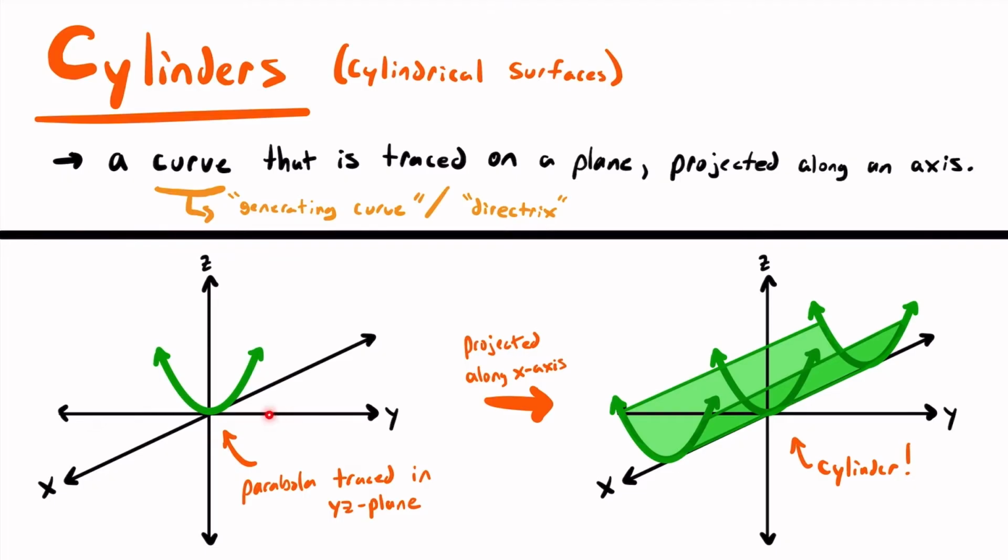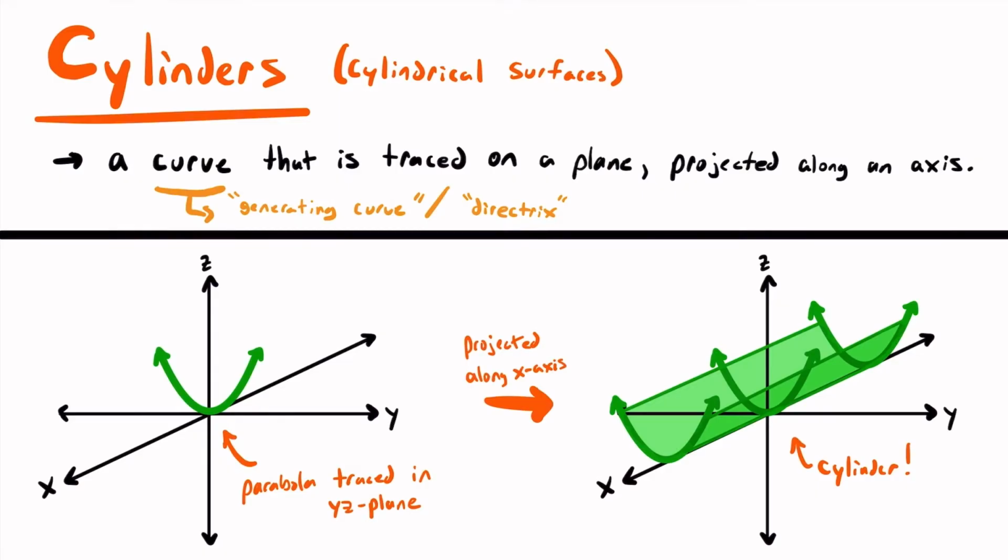Now, just like when we draw curves in 2D space, like with this parabola, we just draw enough to get an idea of the shape of the graph, right? We draw these little arrows here because this curve would extend forever in these two directions. When we draw a cylinder in 3D space, and when we draw other surfaces as well, we just draw enough to get an idea of what the actual surface looks like, okay?